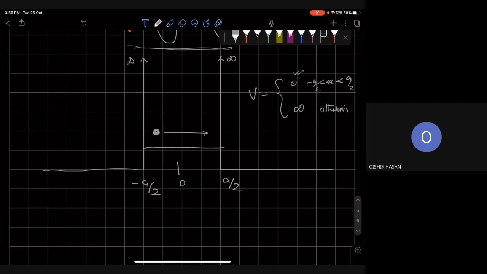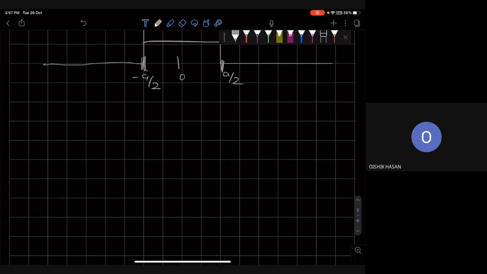If the particle wants to go here, then it must have infinite energy, and that's not physical. So this is the boundary. Suppose this is the potential, but suppose that this height is infinite. So wherever the particle is, it can never climb out. Okay. Any more questions?